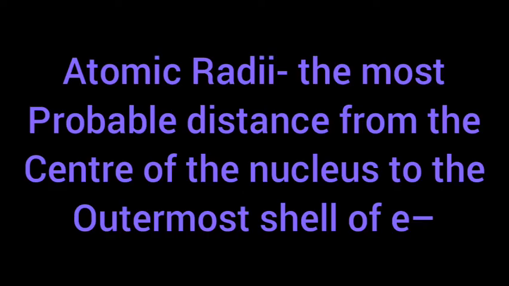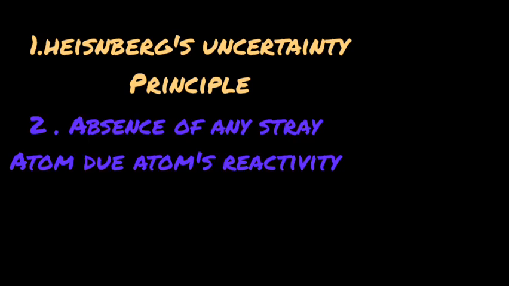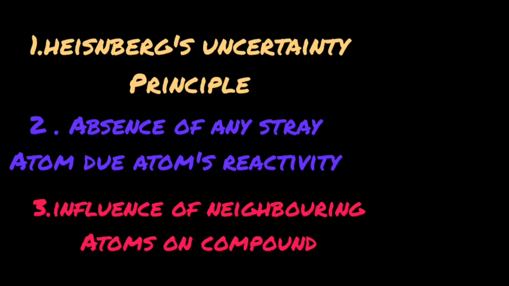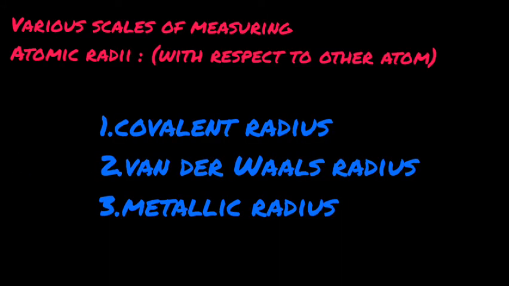Though we have a definition for atomic radius, it cannot be measured accurately at any time, keeping in mind Heisenberg's uncertainty principle, and as we generally don't find a stray atom in the environment due to the effect of neighboring atoms, the radius also changes. So there is always a practice of measuring it with respect to other nearby atoms.